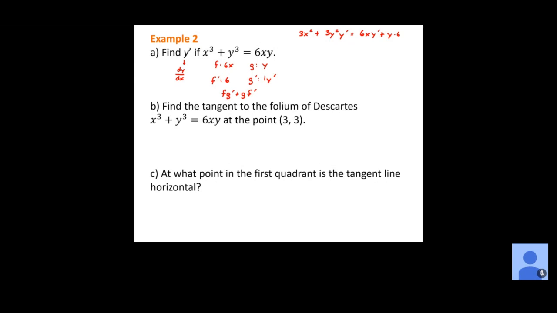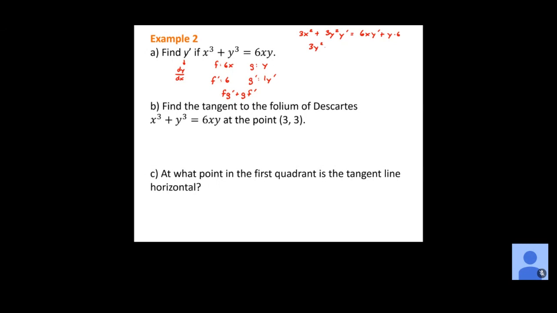Good. Get y prime by itself, right? We're trying to solve for y prime. Well, notice here I've got two different terms that have a y prime in them. So my first step is going to be to try to get all the y prime terms together, move everything else to the other side. So I'm going to move my y primes to the left, all my other terms to the right. Well, that means I'm going to subtract 3x squared to get it to the other side.